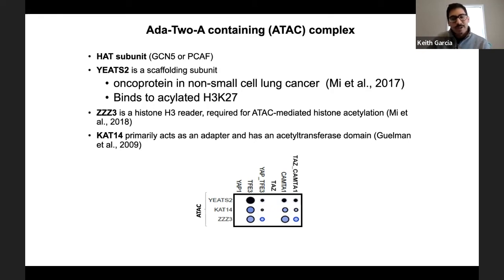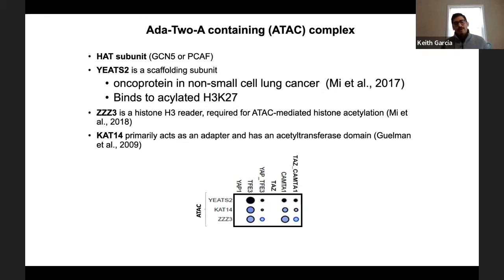And ZZZ3, like YEATS2, is another reader module of this complex and can actually recognize unmodified histone 3 tails. And what was interesting to us is that CAT14 actually also fell out of our mass spec screen and preferentially interacted with TAZ-CAMTA1 and YAP-TFE3 than it did with TAZ and YAP. And this other component primarily acts as an adapter and does have weak acetyltransferase activity.